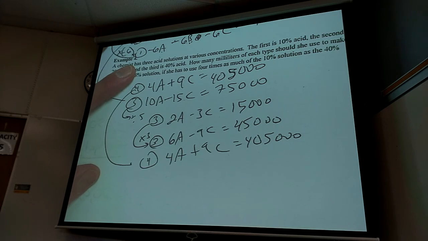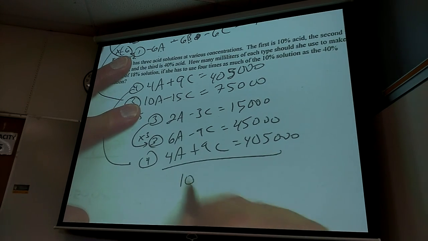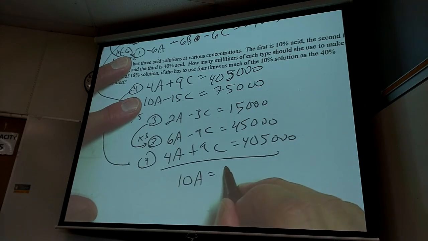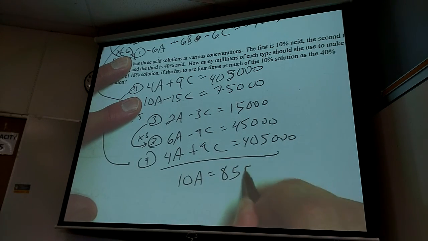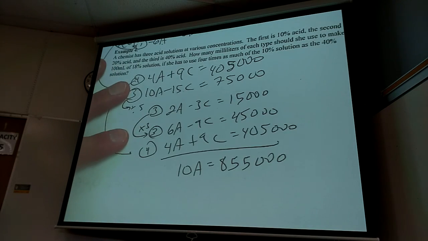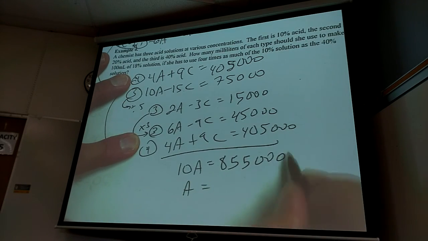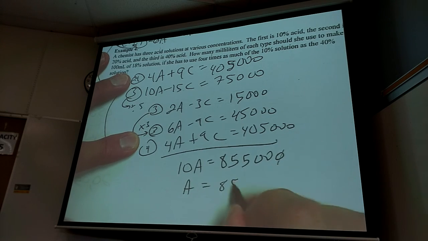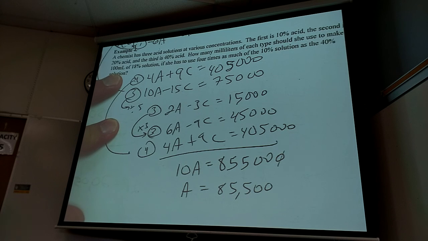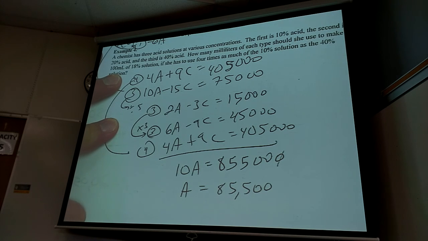Alright. So do that, you get 10a equals, are these both positive? Yes. 855,000. So A, divide by 10, I lose a 0. 85,500. Which doesn't make sense. So somewhere I have too many zeros.